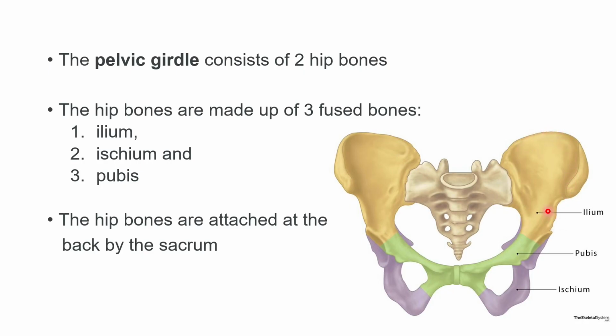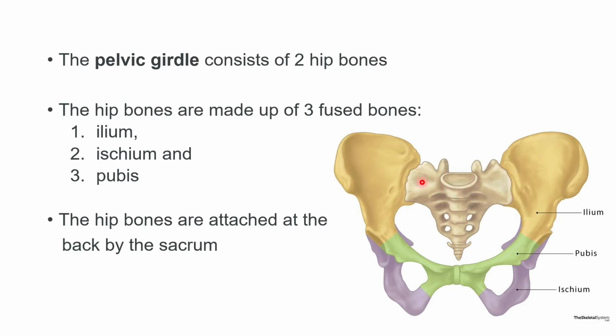Then we've got the ischium, which is this purple one. And then we've got your pubis bone, which is the green one. All these bones are fused together, and they are attached right at the back to your sacrum. Remember, the sacrum is part of the vertebral column, and it consists of bones that are fused together.